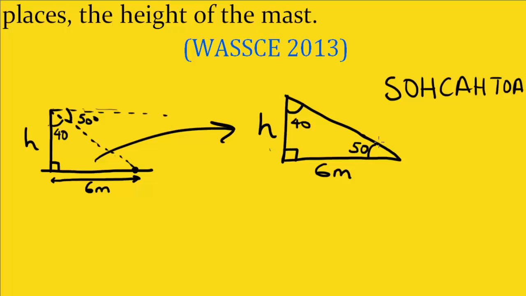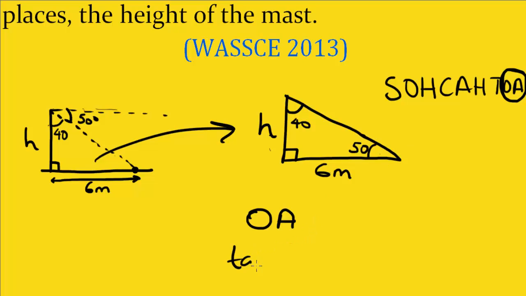So this angle here is 50 degrees, and the opposite side to this angle is h. The adjacent side is 6 meters, because this long side opposite the right angle is the hypotenuse. So we have a situation involving the opposite and the adjacent side of a certain angle, and that will require us to use the tangent, TOA, because we're using the opposite and adjacent.